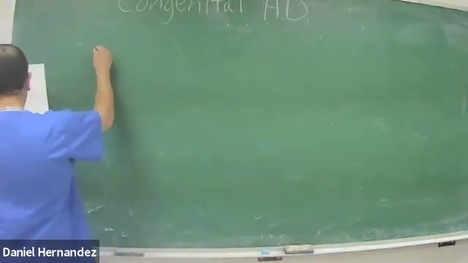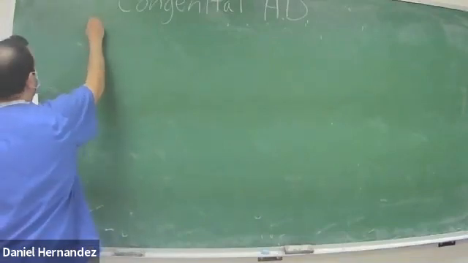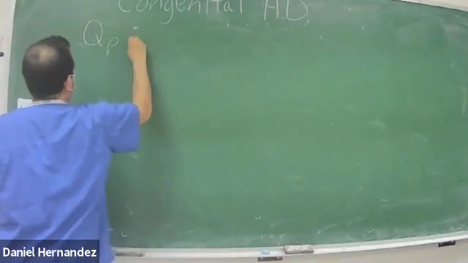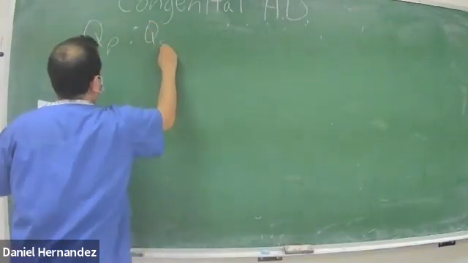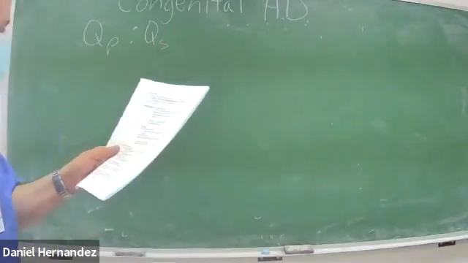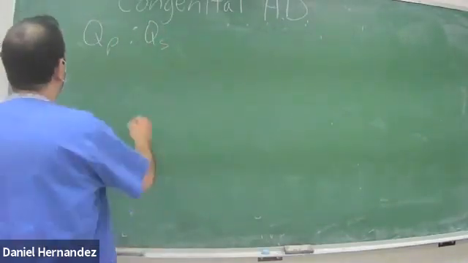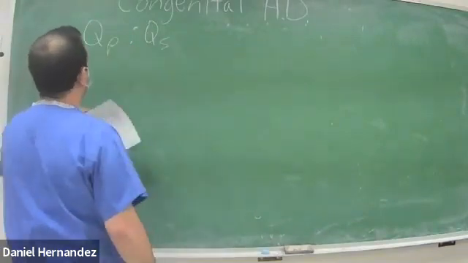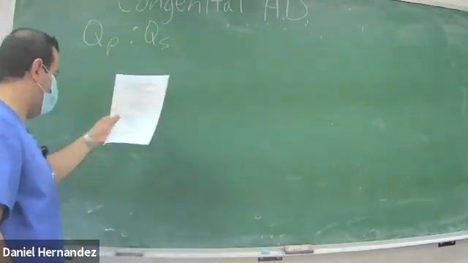Now we're going to talk a little bit about that QP to QS ratio. We said before, Q stands for volume. The P is pulmonary and S is systemic. So this is the right side of the heart, left side of the heart.